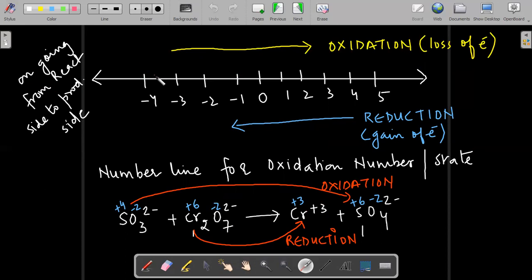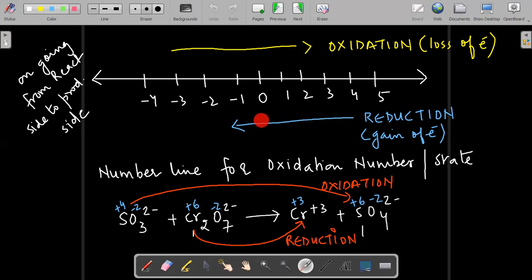If your oxidation number is moving forward on the number line, from the negative side to the positive side, or from a less positive side to a more positive side, the process is oxidation because loss of electrons is taking place.